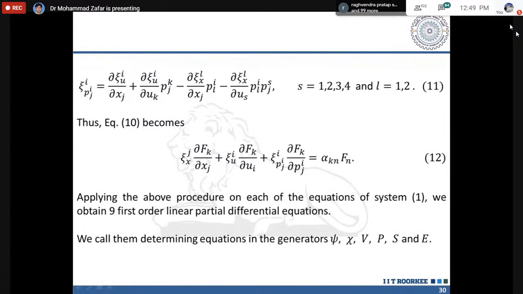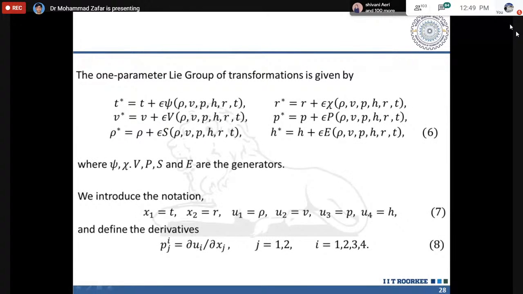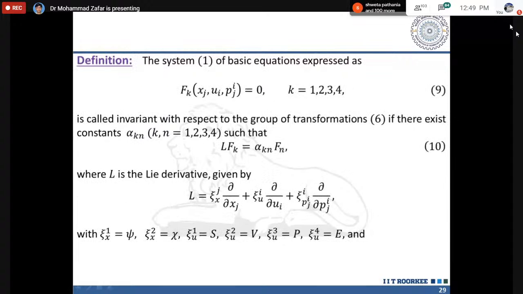In the next slide, 29, we see the Lie derivative. The last term is there, ji pij. So this ji pij is the extended generator.